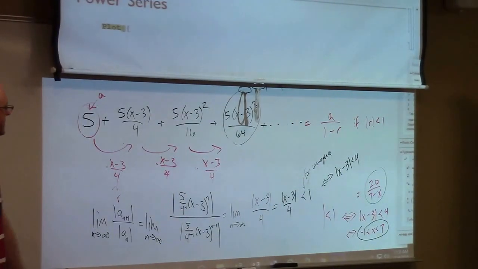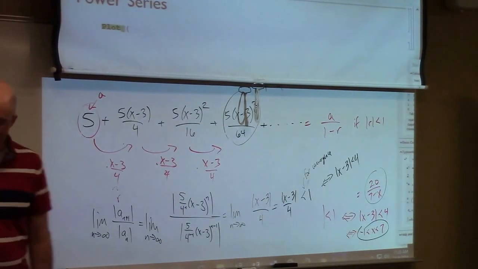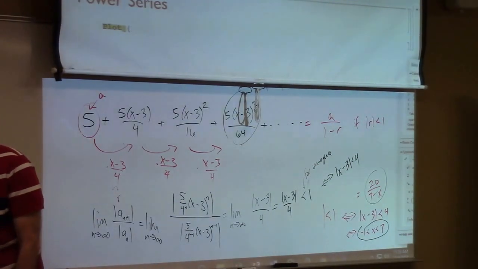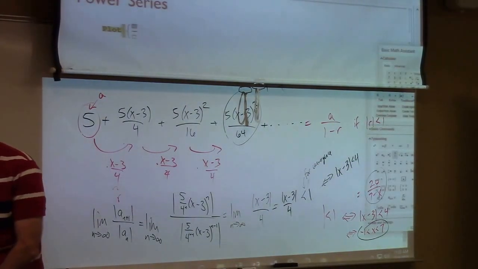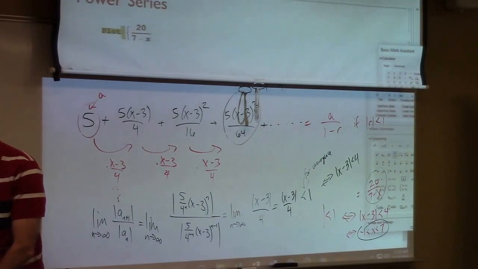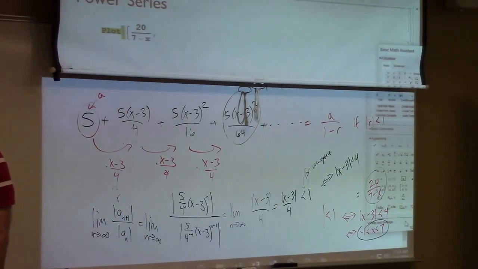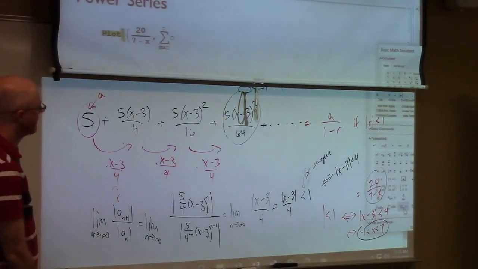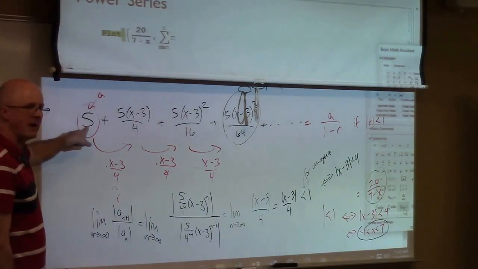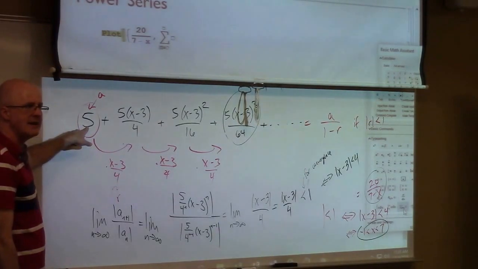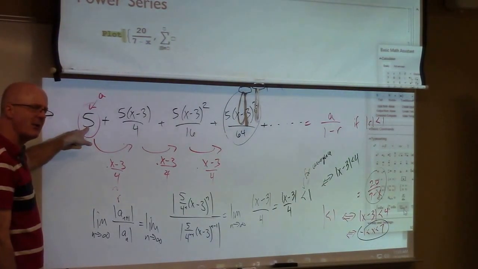I'm going to plot two functions here. 20 over 7 minus x, and the infinite sum, this infinite sum right here, is a power series. I guess I will start the index at 0.